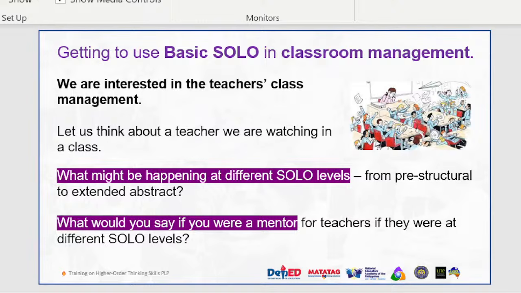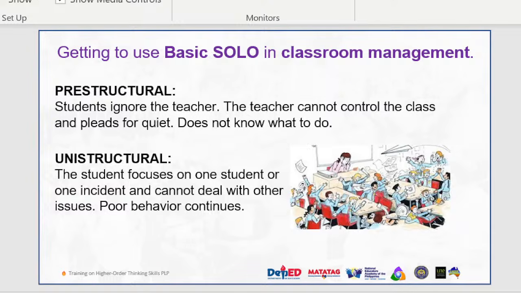They were at these different SOLO levels. So at the pre-structural level, the students ignore the teacher. The teacher cannot control the class and pleads for quiet. The teacher does not know what to do. That's the pre-structural level.